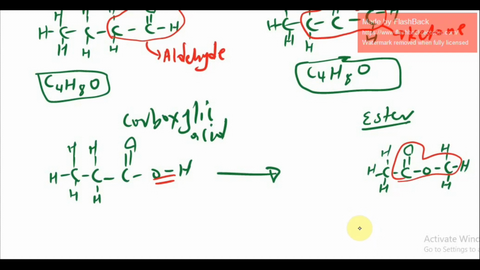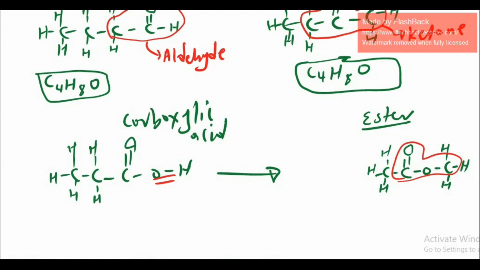So we're done with the isomers. We have the chain isomers, where the difference is that one chain has no branch, then another has at least one branch, and another will have 2 branches. There will be side chains.